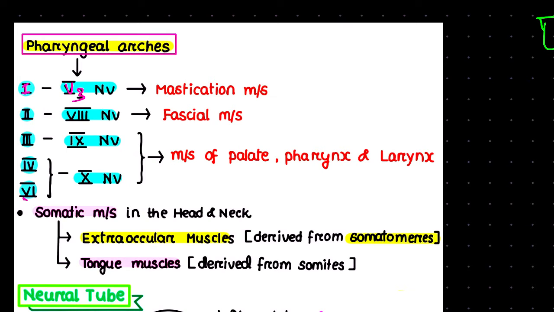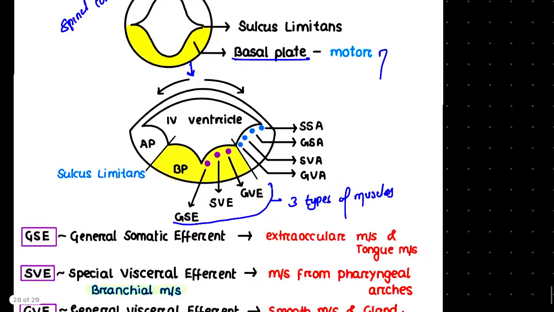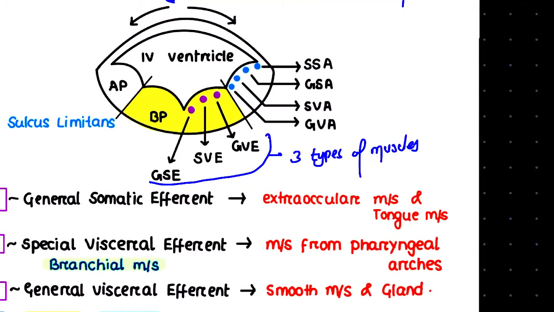In skeletal muscles we talked about two types: one derived from somites or somatomeres, and another derived from pharyngeal arches. And obviously the other type is the smooth muscles and glands. As we were talking, how many types of efferent columns were there? There were 3 types of efferent columns. Why 3?